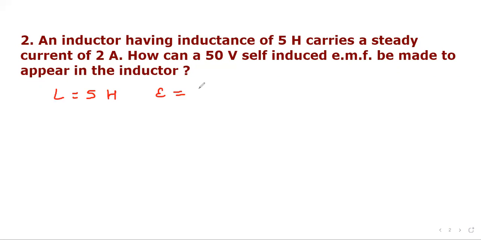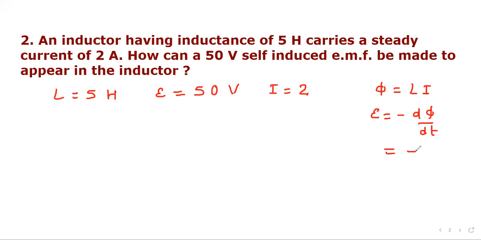EMF is given as 50 volt. I is given as 2 ampere. We know that phi equal to Li and E equal to minus d phi by dt, which will give minus L di by dt.